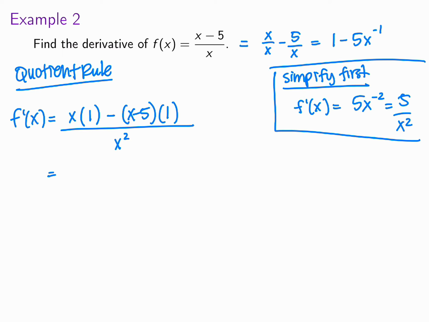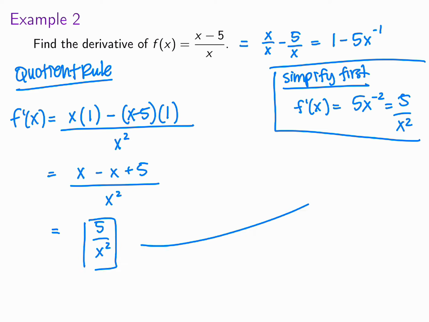And we don't need to do a lot of cleaning up. So this is x minus x plus 5 over x squared. And we see those x's cancel, and we get 5 over x squared, which matches from before. So that's good. We found it 2 different ways and got the same answer.